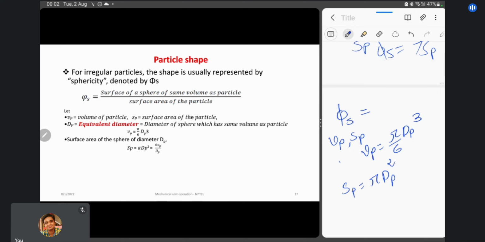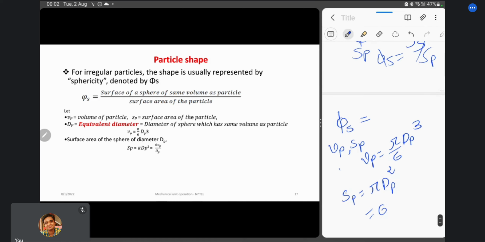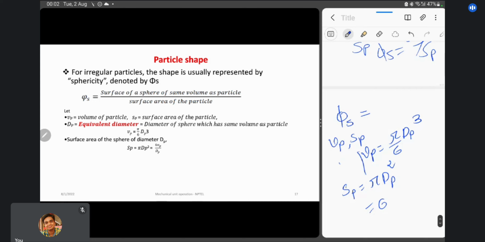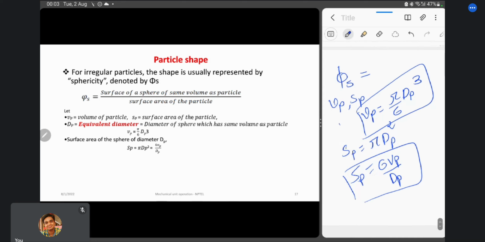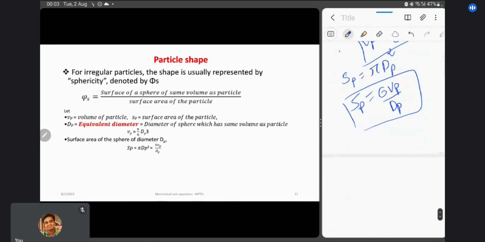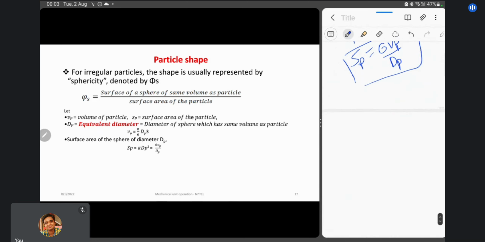Now instead of this dp we need to use this equation, and the value of dp will be substituted from here, and at the end the value of Sp we will get is 6 Vp by dp. So this is how you get the surface area of the sphere.